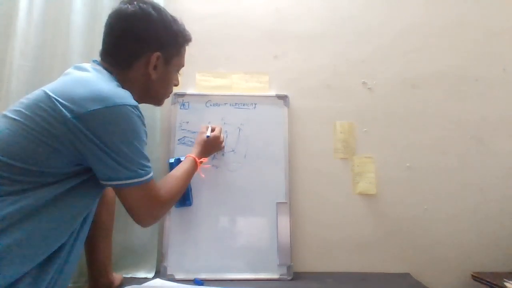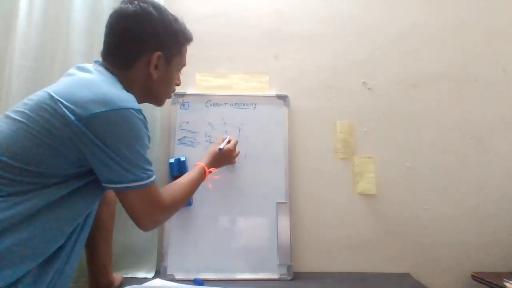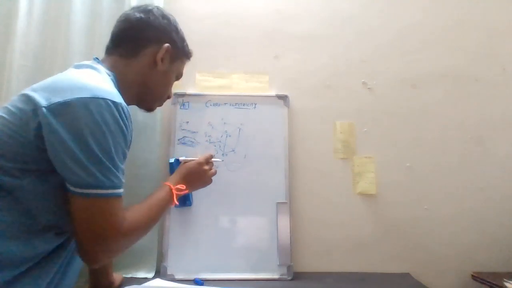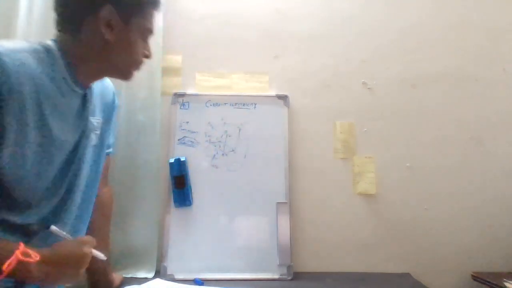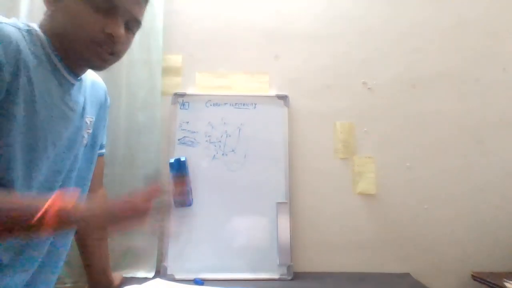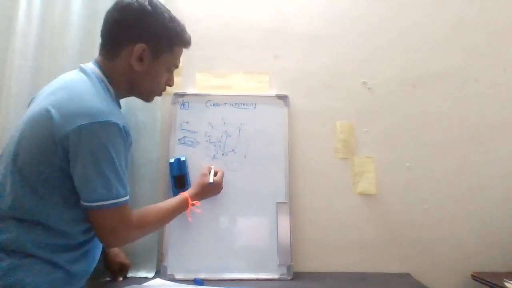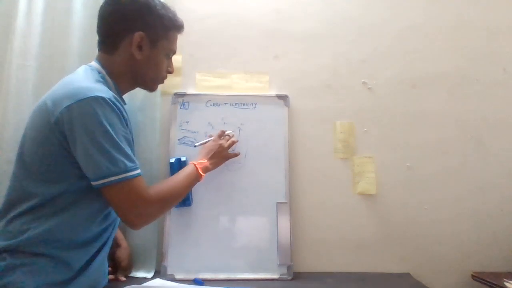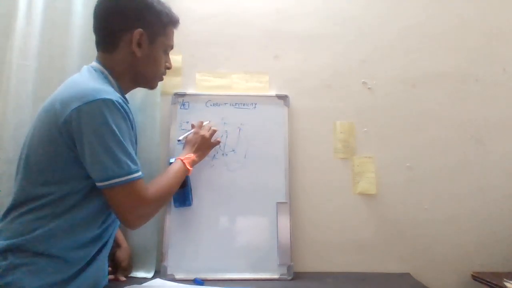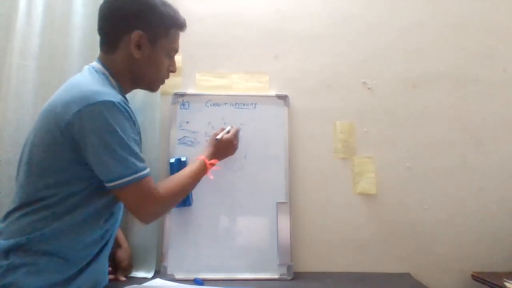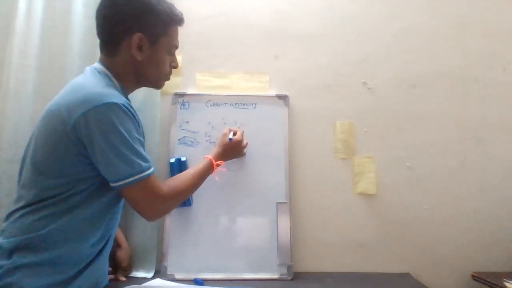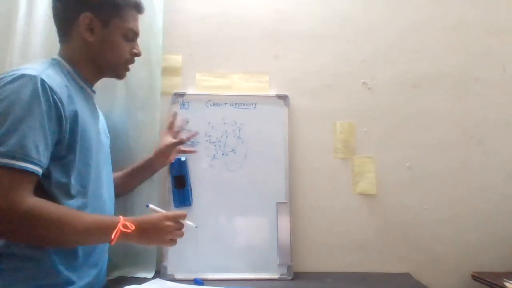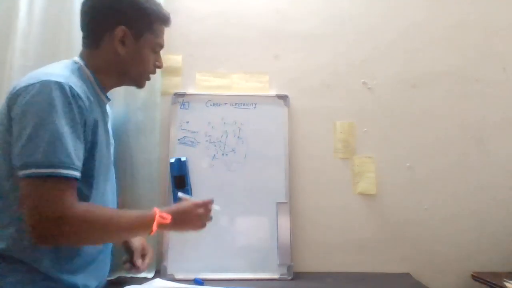So the resistance here would be X, X, X. There was an error in the question, so it was V volts. While joining here also, the current would come as I by 3, I by 3, and I by 3. It would spread as I by 3 and connect as I by 3.